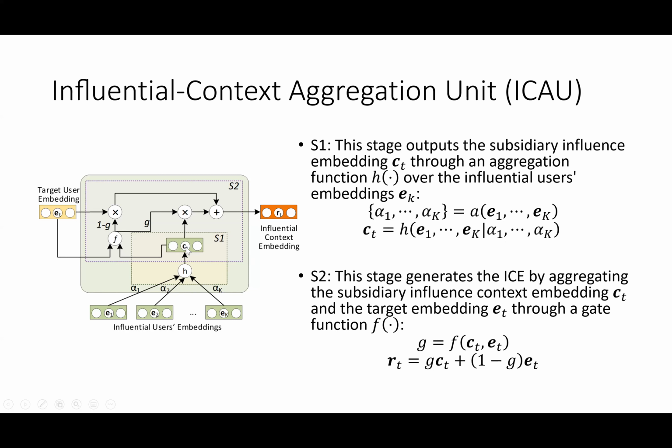And with this contextual representation, the next thing I want to do is to integrate or aggregate the ET representation and this CT, and that's a key part. So I build something called an influential context aggregation unit, and this unit does the job. So how do we do it? First of all, with CT, what do we learn of the CT and the ET?